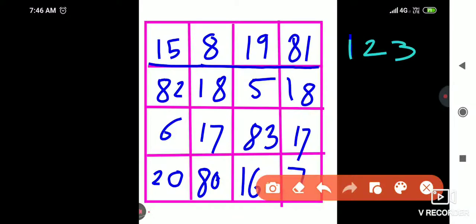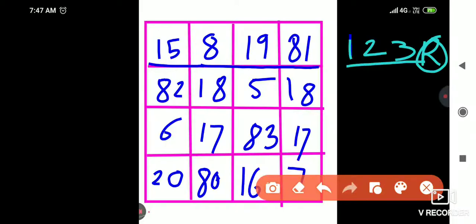If I add 82, 18, 5 and 18, its sum is also 123. All the horizontal rows sum to 123. 6 plus 17 plus 83 plus 17 is 123. Here 20 plus 80 is 100.